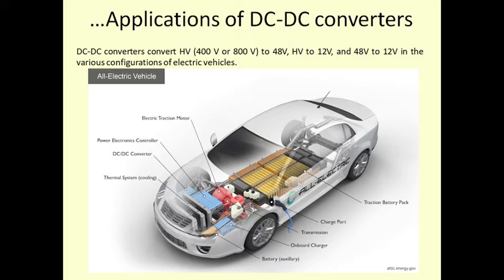Now there are also certain appliances that work on lower DC voltages, for example 48 volts or 24 volts or 12 volts. So in that case we need a DC to DC converter.